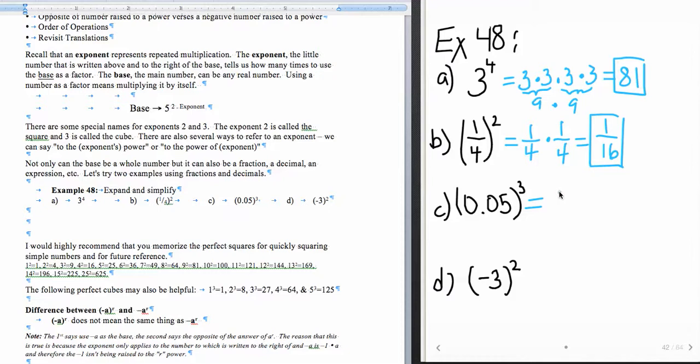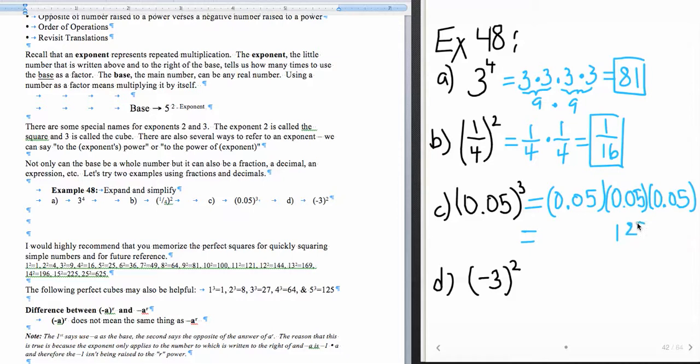0.05 cubed. We have 0.05 times 0.05 times 0.05. So let me get that written out as our expansion. And then we're going to multiply. And when we multiply decimals, remember, you want to ignore the decimals for a moment. 5 times 5 is 25, and 25 times 5 is 125.